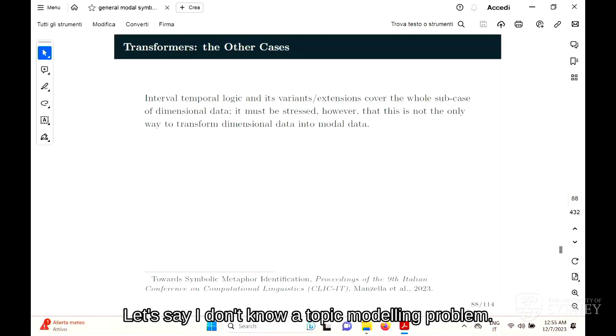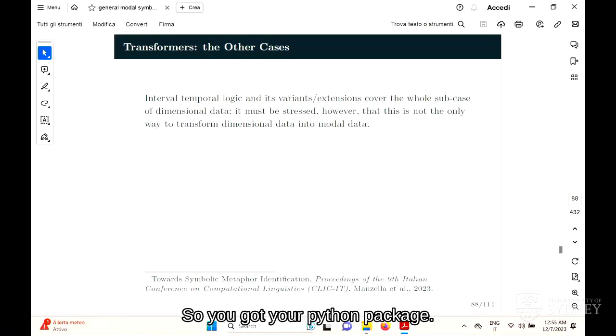Let's say, I don't know, a topic modeling problem, right? So you've got your Python package. You don't have to write it. It's already there. A Python package that, given a text, gives you a bunch of topics, right? You know that it exists.